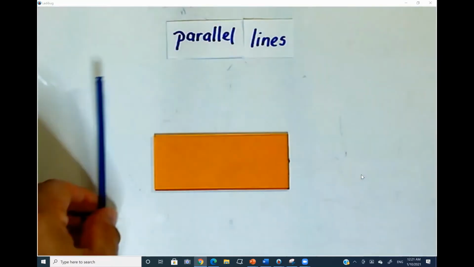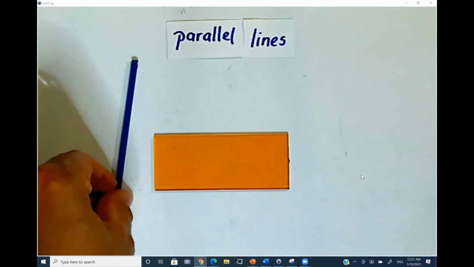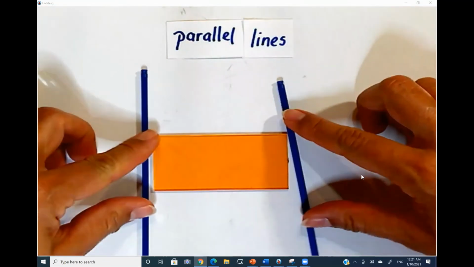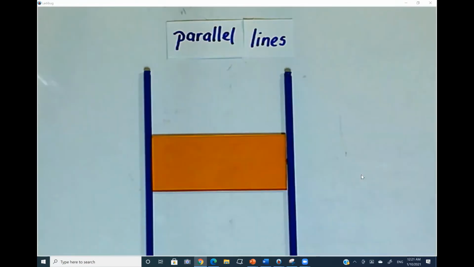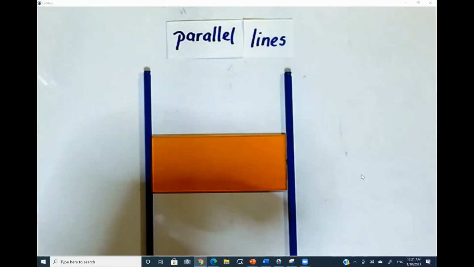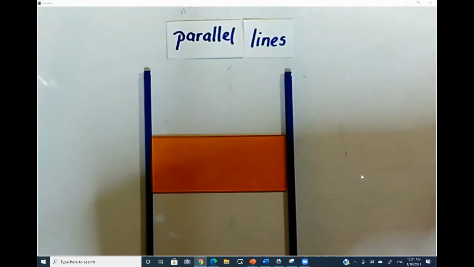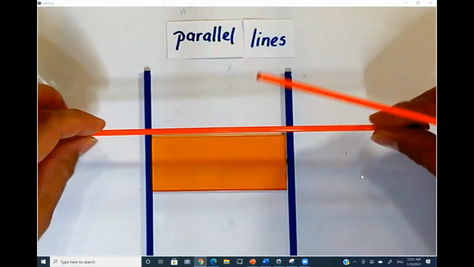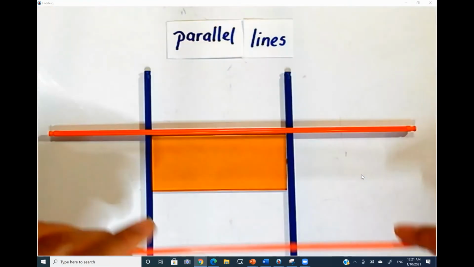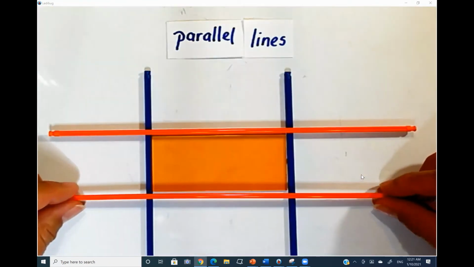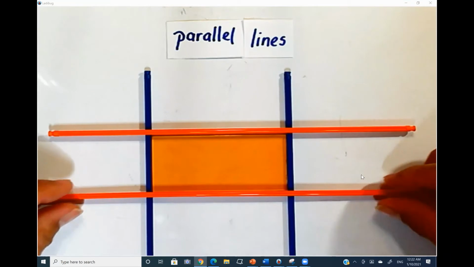For example, here and here. If you notice, this is another set of parallel lines. They don't get closer or farther apart. So I can tell that this rectangle has two sets of parallel lines, the blue set and the orange set.